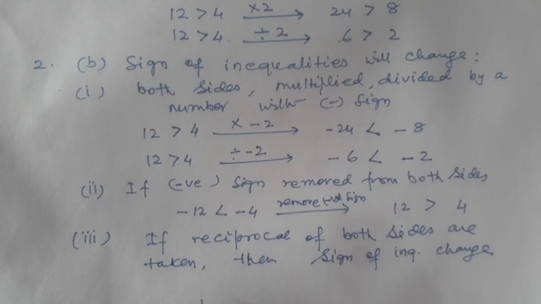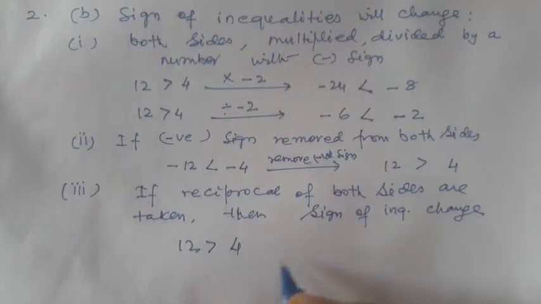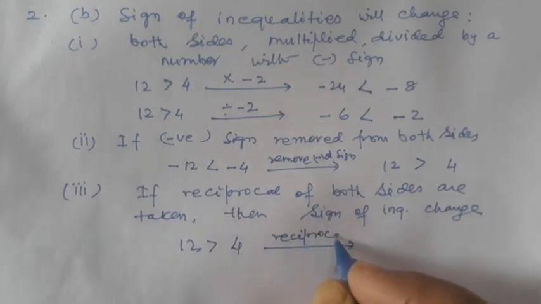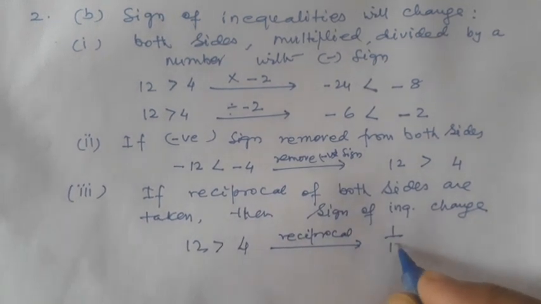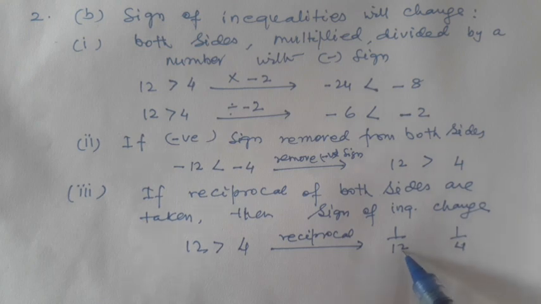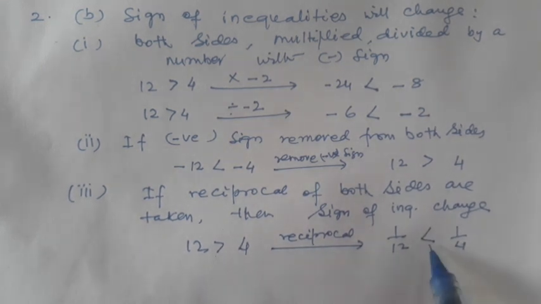Suppose 12 is greater than 4, reciprocal, it will be 1 by 12 and 1 by 4. So 1 by 4 is greater than 1 by 12. It is the larger part, it is the smaller part. So this sign has been changed.